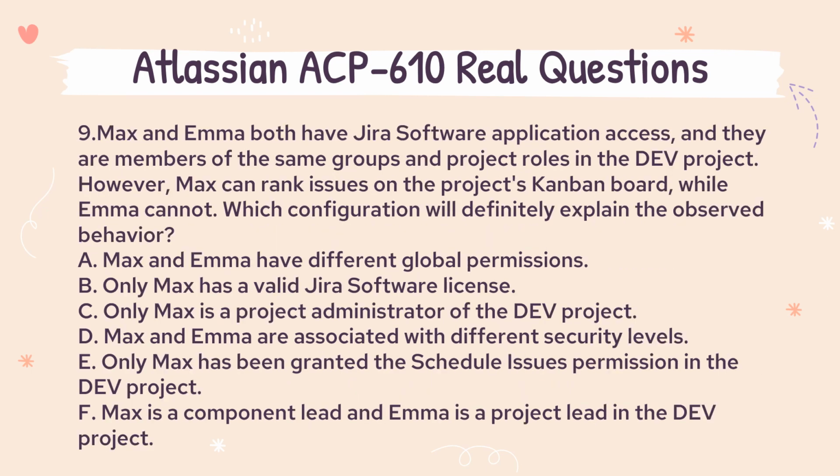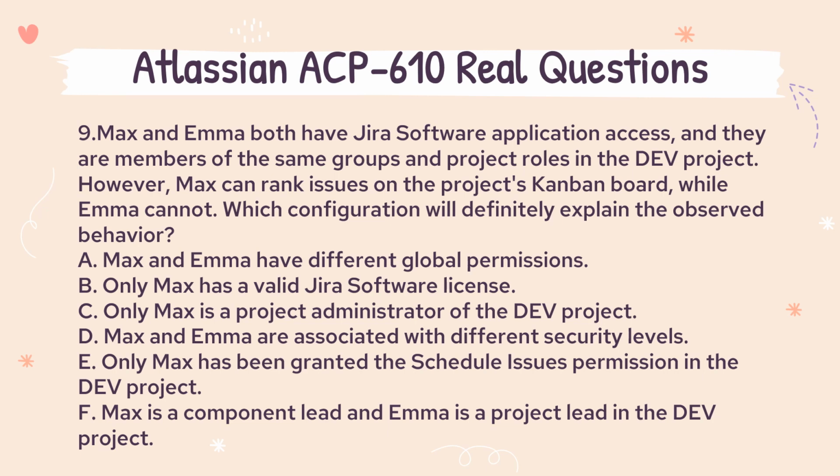9. Max and Emma both have Jira software application access, and they are members of the same groups and project roles in the dev project. However, Max can rank issues on the project's Kanban board, while Emma cannot. Which configuration will definitely explain the observed behavior? A. Max and Emma have different global permissions.